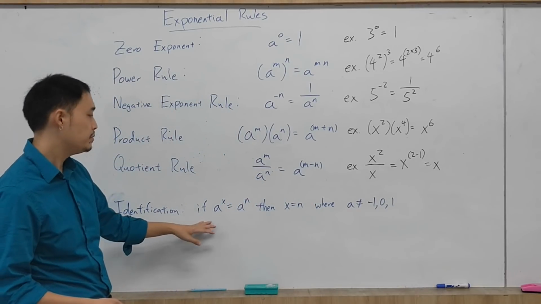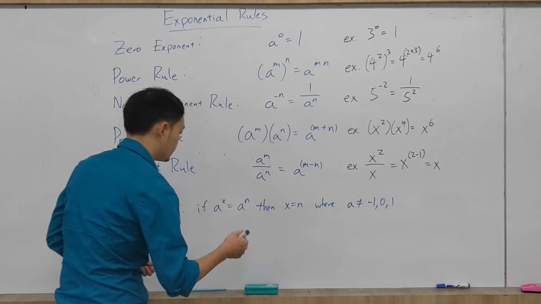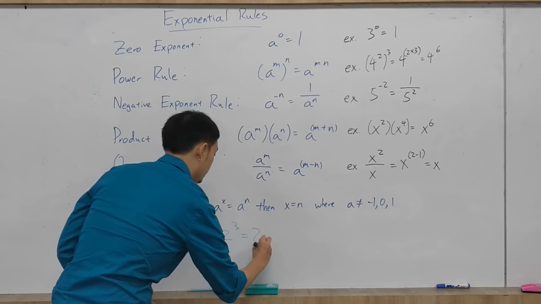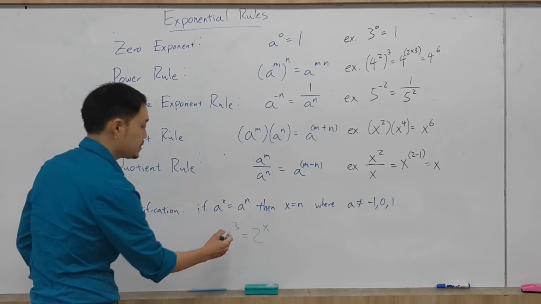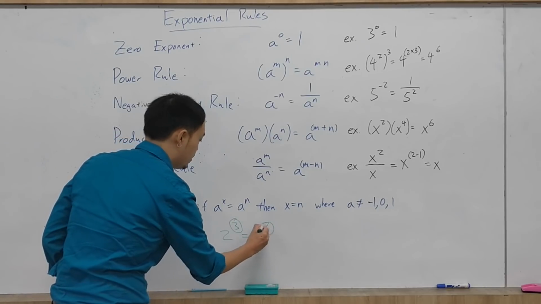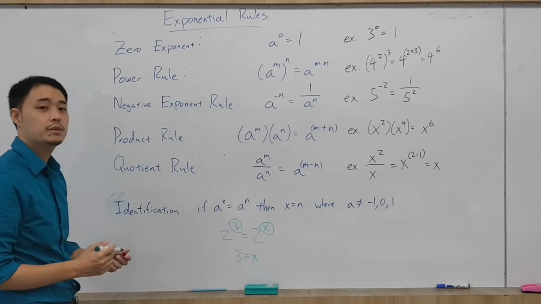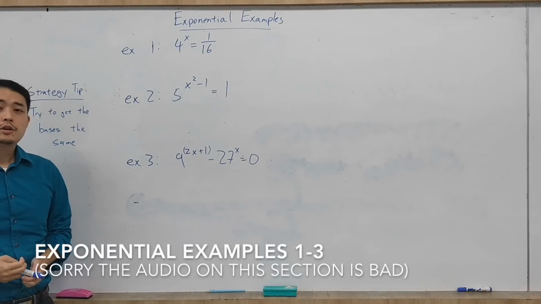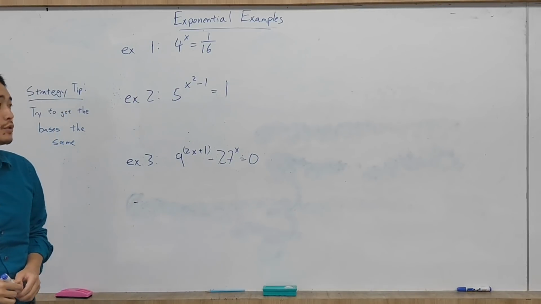So what that basically means is, if I have a base, for example, 2 to the power 3 equals 2 to the power x, I can solve for x because I know that 3 must equal x. So simple identification problem.